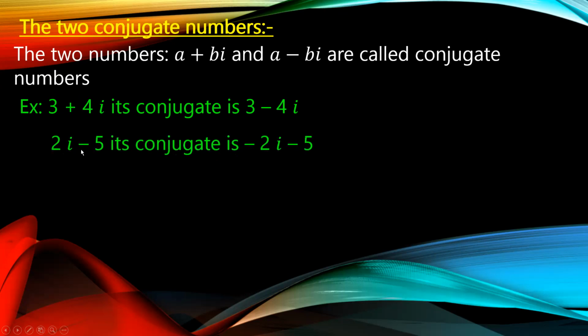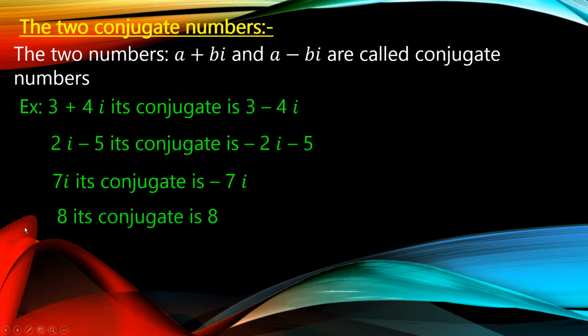Here, 2i minus 5, to find its conjugate I will change the sign of the imaginary part: 2i becomes negative 2i, and the real part is the same. It will be negative 2i minus 5. 7i, its conjugate: I will change the sign of the imaginary part, so it will be negative 7i. 8, its conjugate is 8.